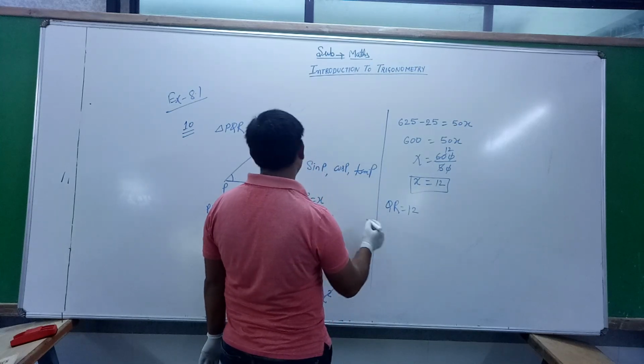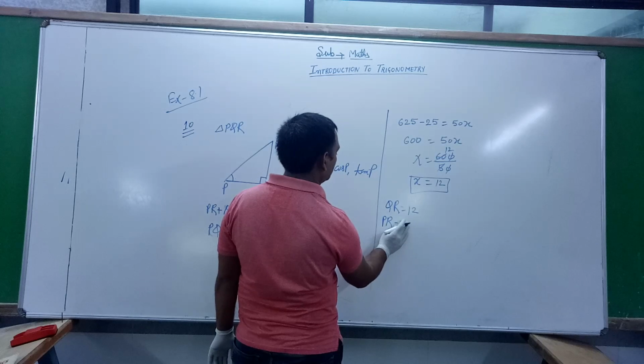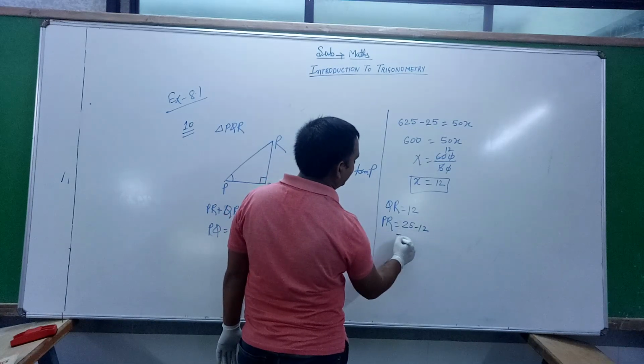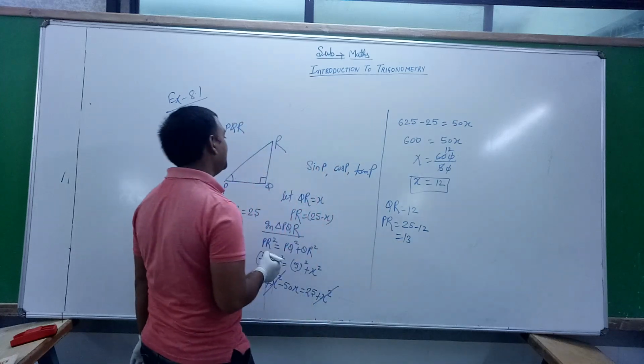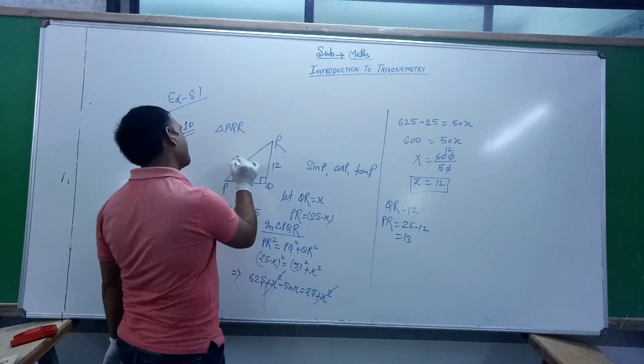Then PR is equal to 25 minus 12, that is equal to 13. So here this is the 12, this is the 5, this is the 13.